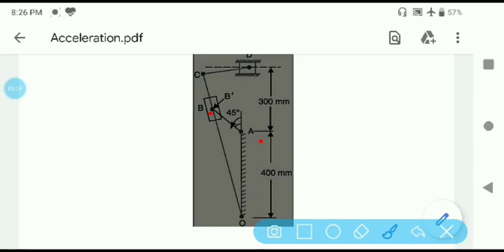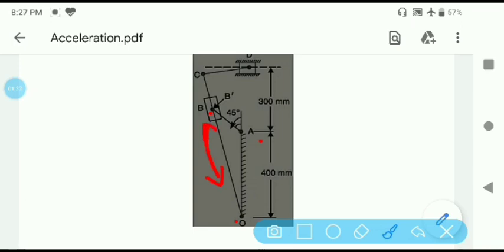Also, slider B will have a relative motion relative to point O, which is also a rotational motion, and also the slider B has a sliding motion along link OC.